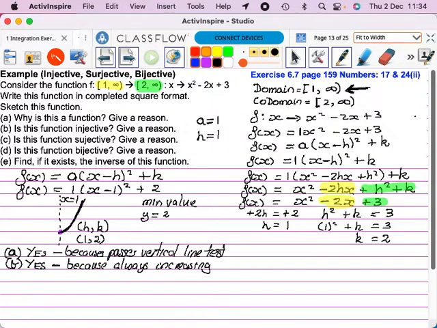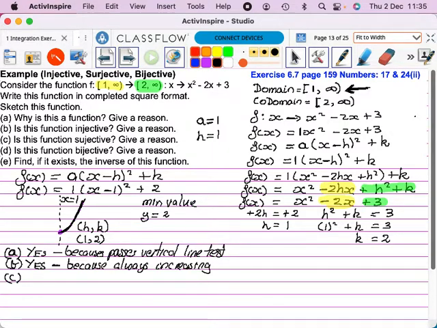Is the function surjective? Well, you don't know, quite possibly. So what do you fall back on in mathematics? If you're not sure about something, fall back on a formula, fall back on a definition, and you're going to get method marks. So the question here is, not sure. So what is surjectivity?